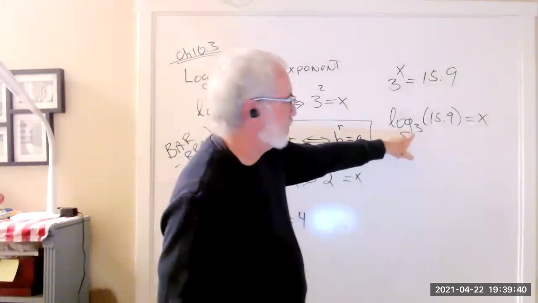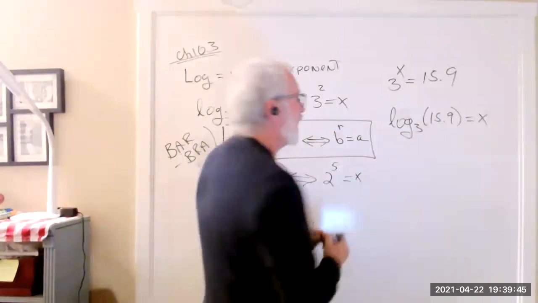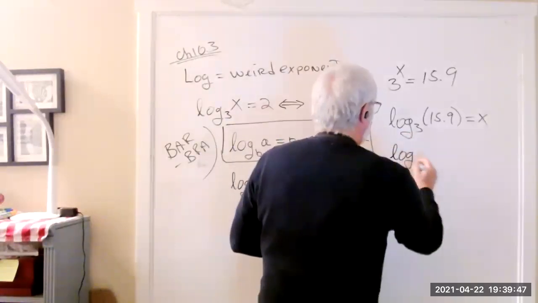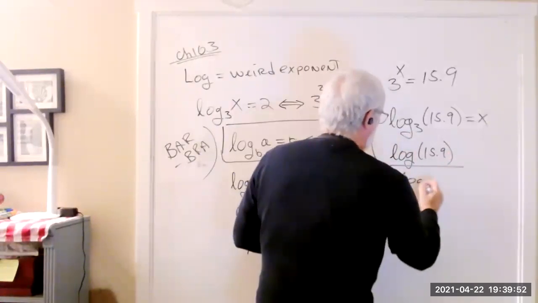Some of you have a base 3 button on your calculator. Others have to divide this into log of 15.9 over log of 3.